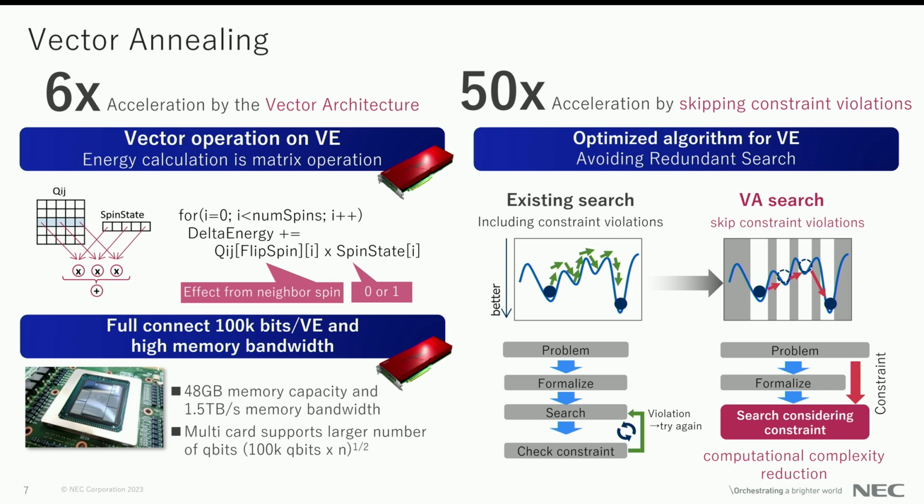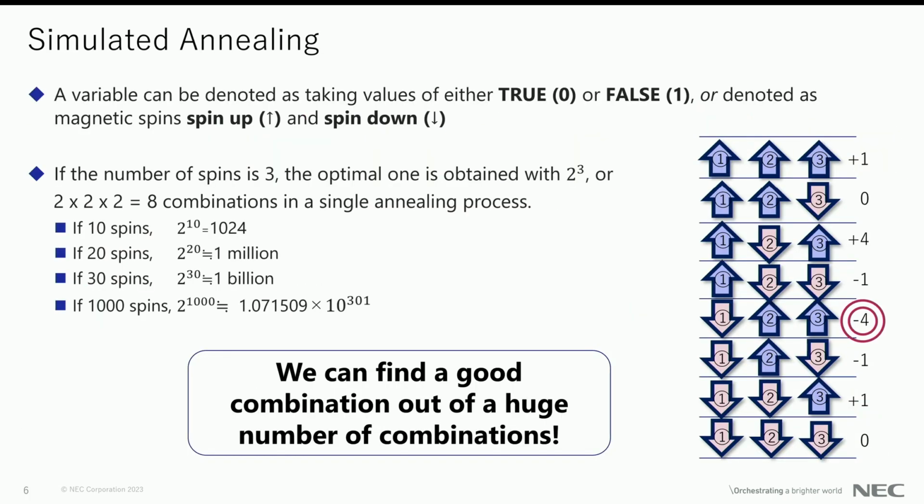If you were to look at this in your mind as zeros and ones, then what you're really looking at here is a truth table. And in this condition, all combinations of the 3 spins have been pointed out, and the one with the lowest energy associated with it has been identified as the optimal solution.